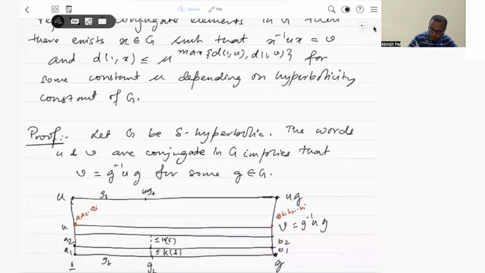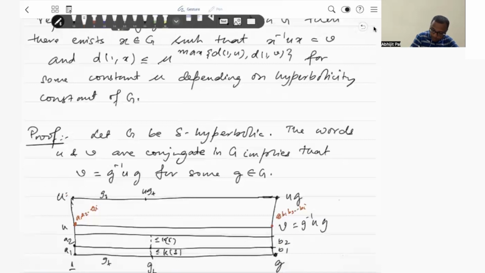Suppose we have something like this, and this part here will be something like this.